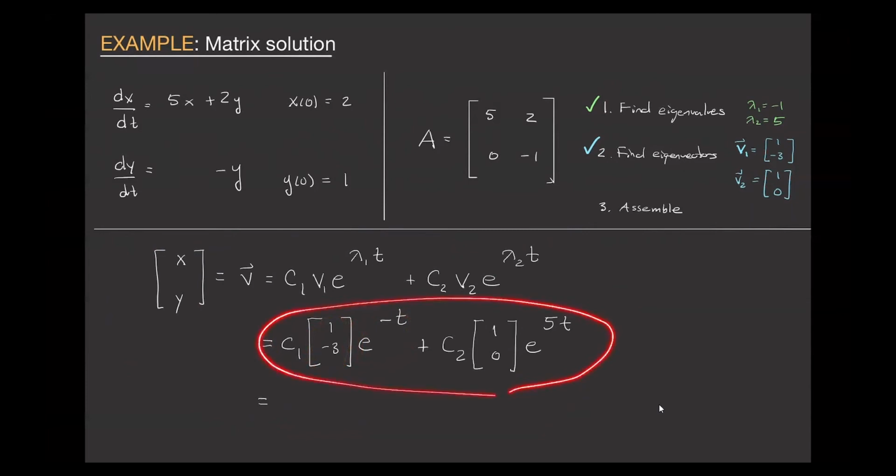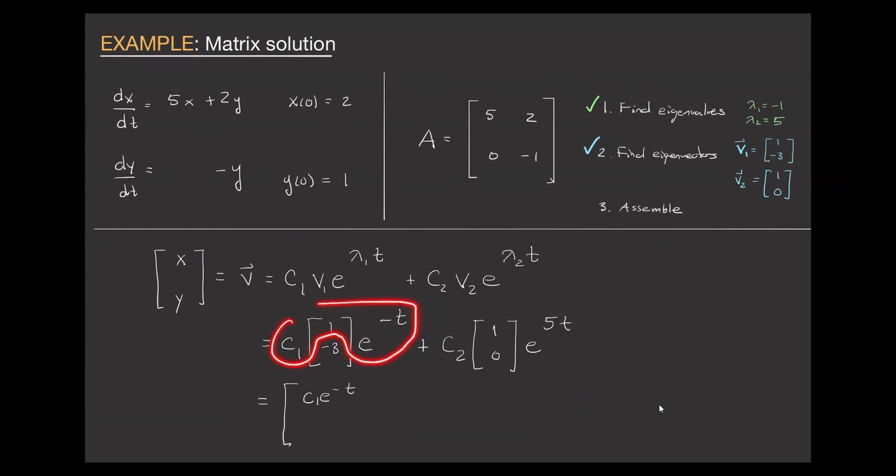I'm going to write this. It may be really clear what's going on. It may not. And if it's not, that's okay. But what we would get is a single vector like so. C1 e to the negative t. I got that because I took C1 times 1 times e to the negative t. That's in the top row. Then the same thing over here, C2 times 1 times e to the 5t. Then we add those together, because it's in the top row.